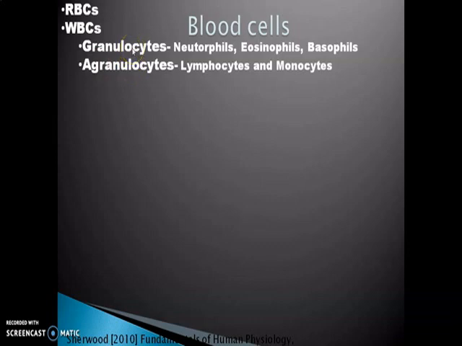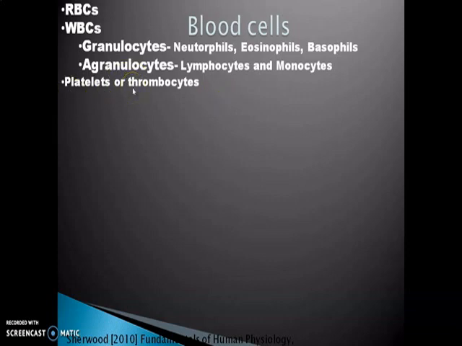Granulocyte means their cytoplasm contains specific granules when we stain them, and there are three different categories of granulocytes. Agranulocytes are lymphocytes and monocytes. And there is a third type of particle, that is platelets or thrombocytes.